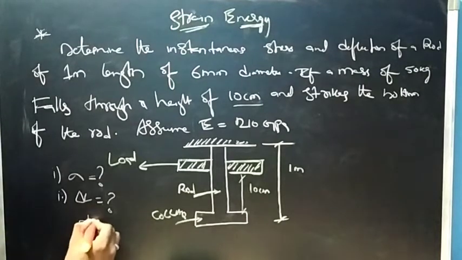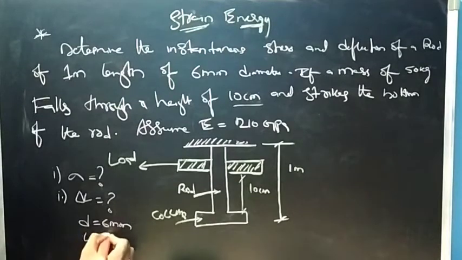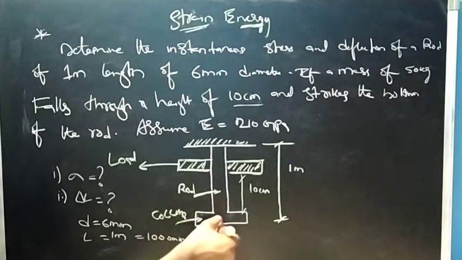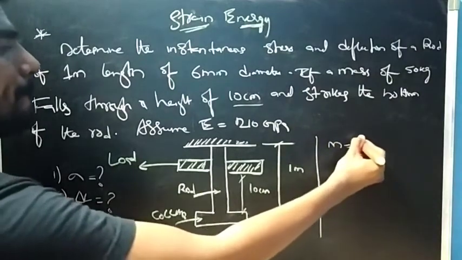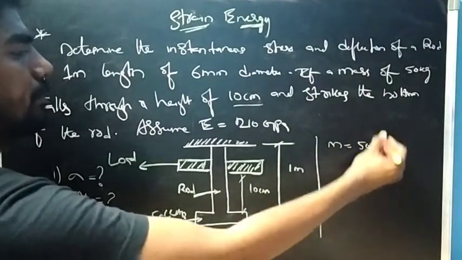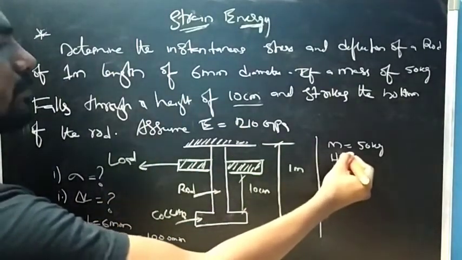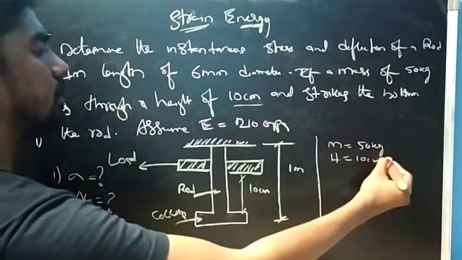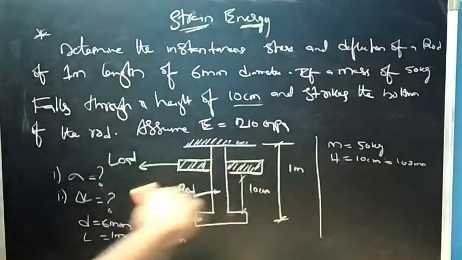So let us write here D equals 6 mm, that is diameter is given, length is given 1 meter, that is equals to 1000 mm, and the mass is also given. What is the mass? 50 kgs, right? And height is given, that is 10 centimeters. If you convert into mm, it will be 100 mm, right?